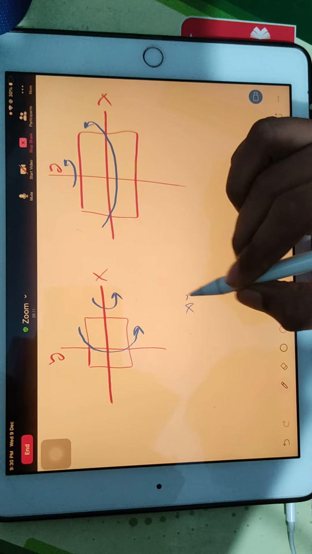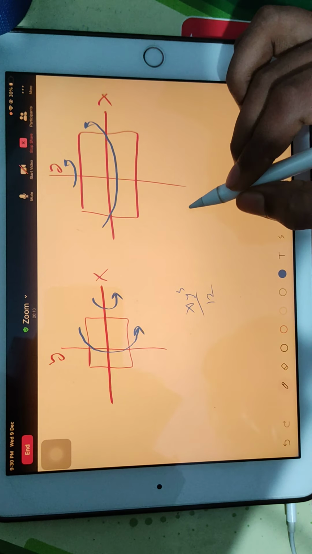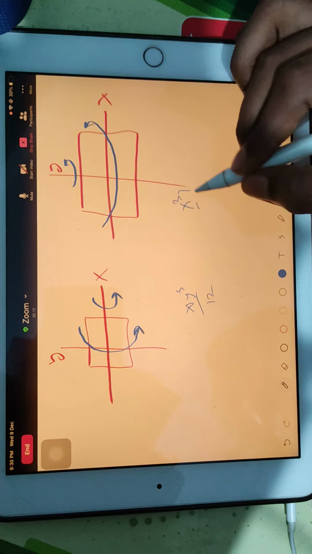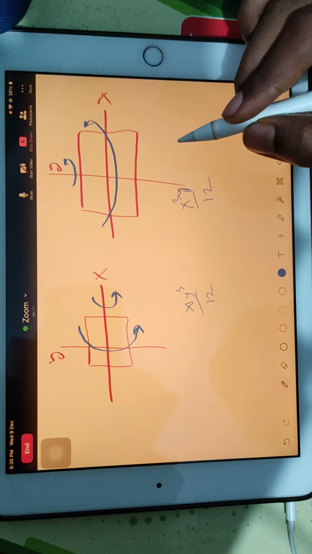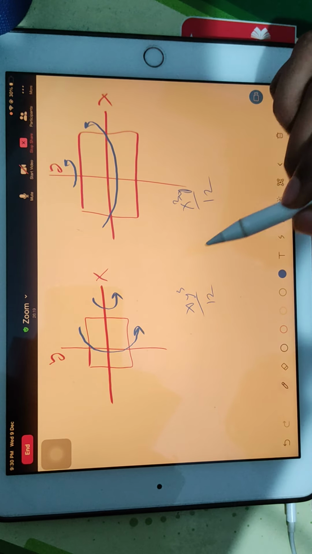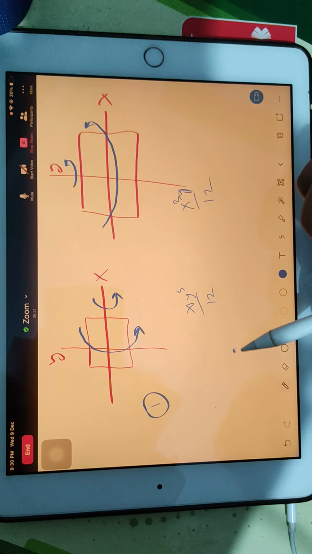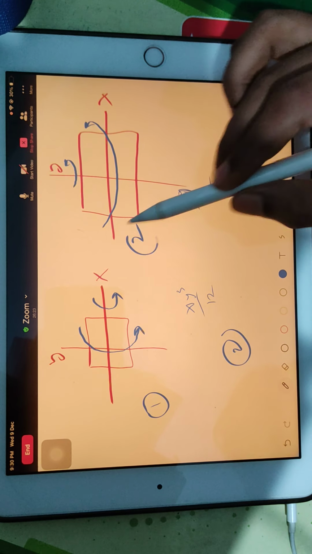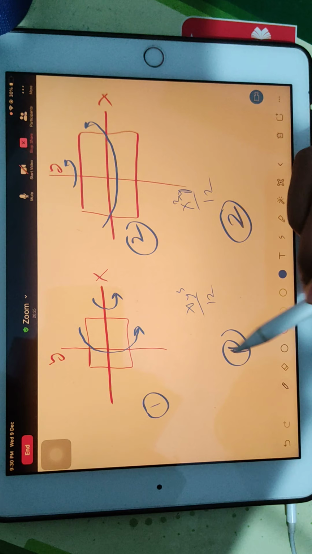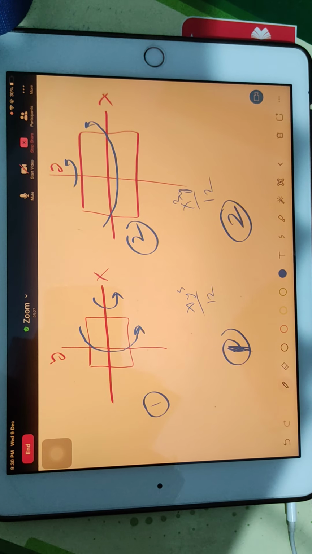Now we have two formulas. One formula will be xy cube by 12. One formula will be x cube y by 12. Now, which formula will be correct for which diagram? This diagram is first, this formula is first. This diagram is second, this formula is second. Give me the right answer.